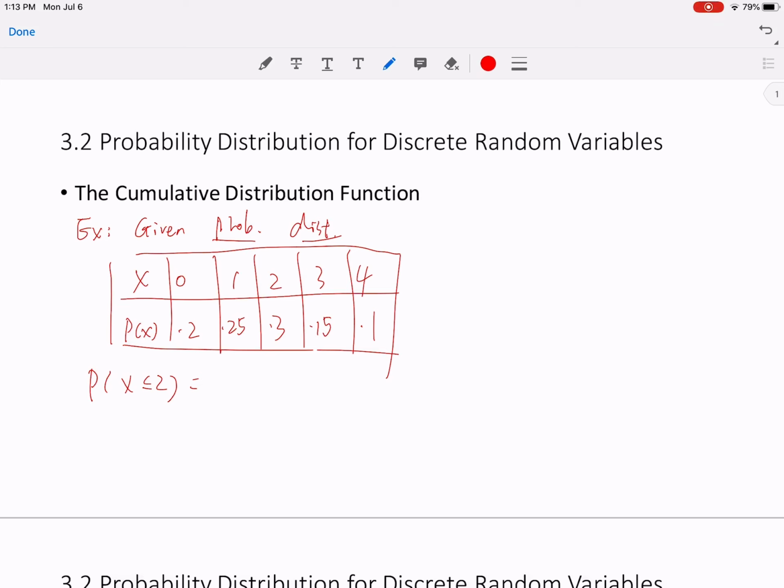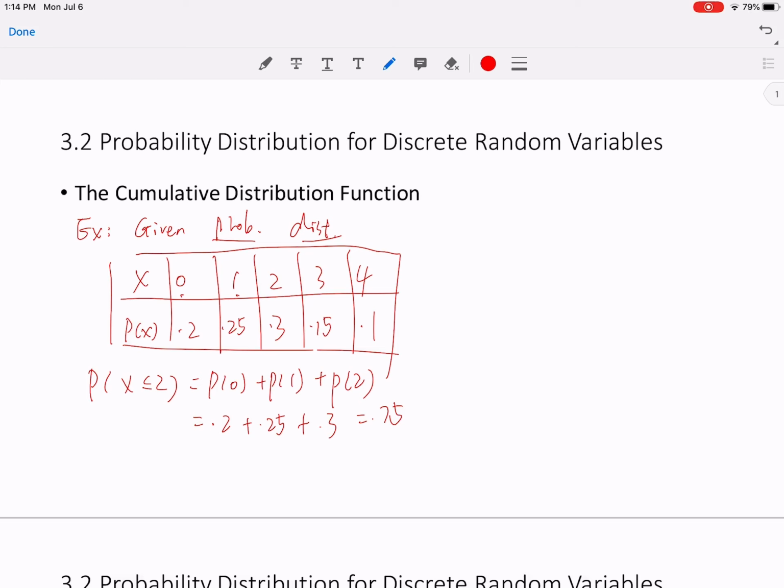So x could be 0, 1, 2. In other words, the probability of x less than or equal to 2 is equal to p of 0 plus p of 1 plus p of 2, which is 0.2 plus 0.25 plus 0.3, which is 0.75.